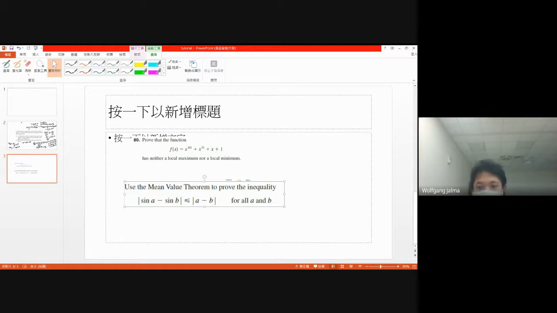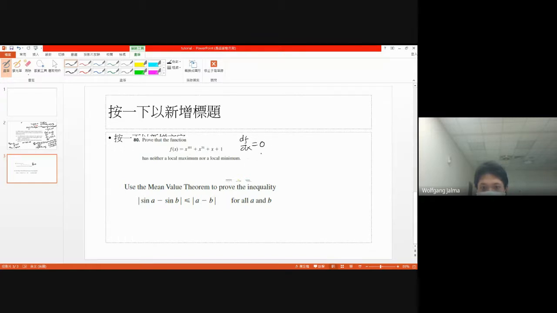Okay, good. So basically, the first part is to prove the function has neither local minimum nor local maximum. A local maximum or minimum occurs when df/dx equals 0.